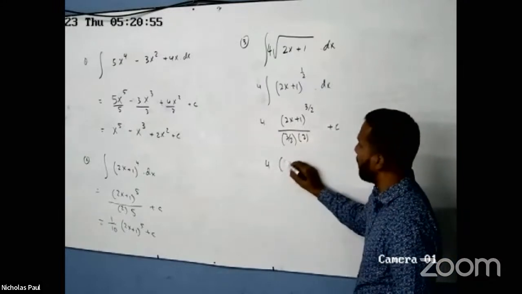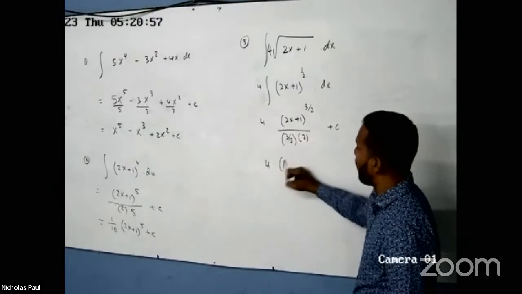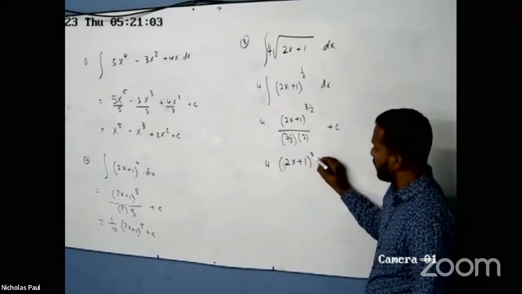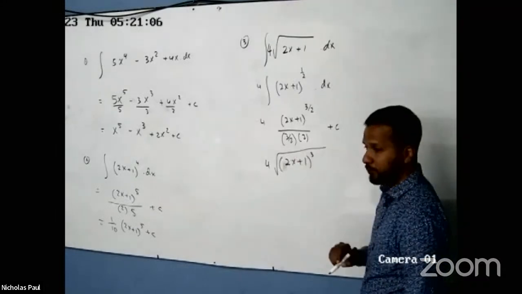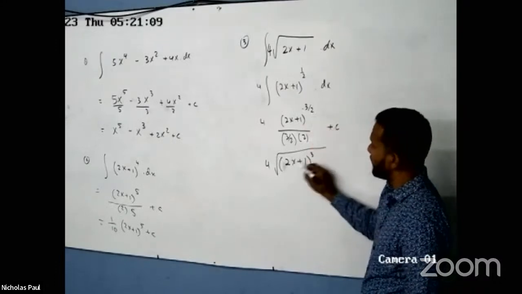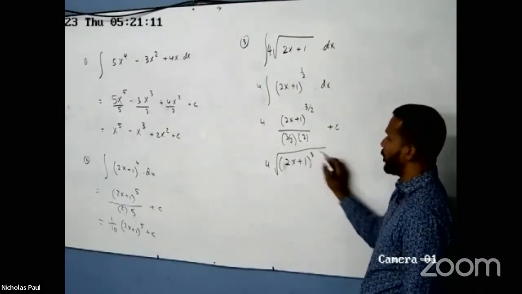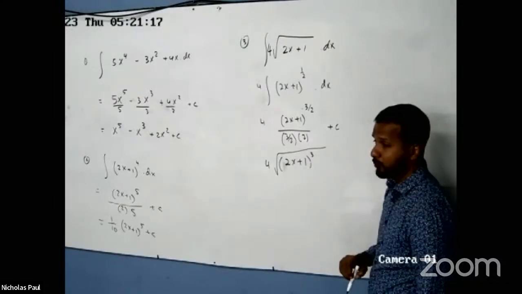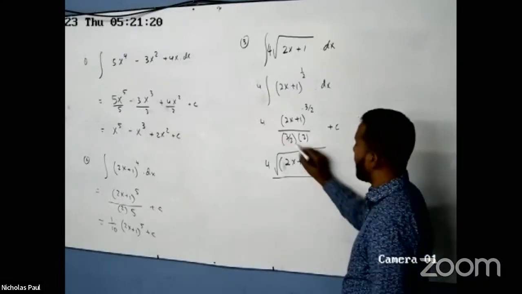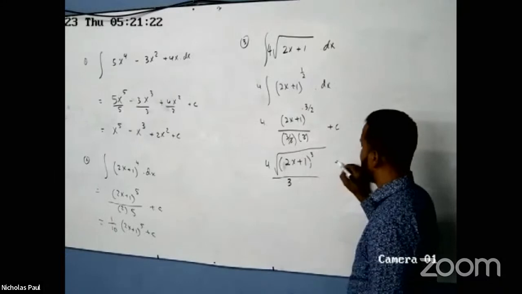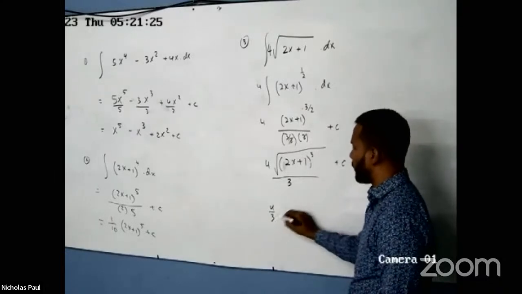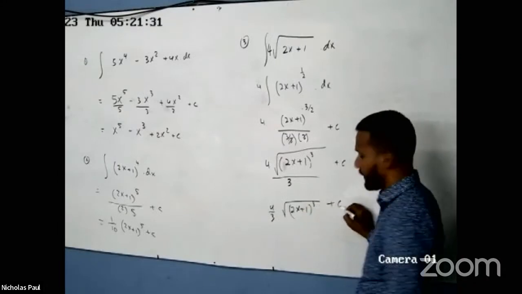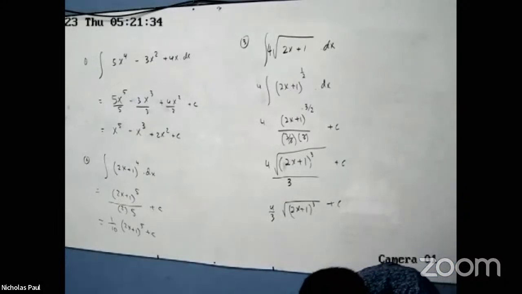So you'll get 4 by 2x plus 1, all cubed, square root of that. 3 on 2 means you can cube it and then square root the whole thing. And these 2 cancel, all over 3. So your final answer is 4 over 3 by the square root of 2x plus 1 cubed plus c. Right? You have to learn to simplify your answer as far as possible.